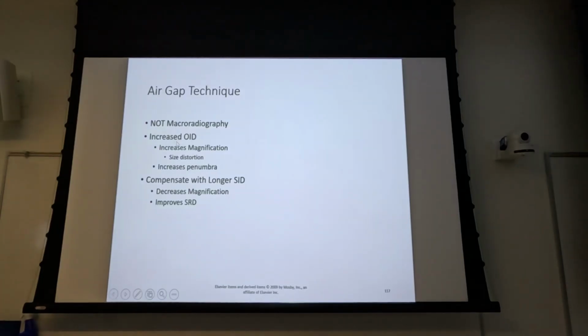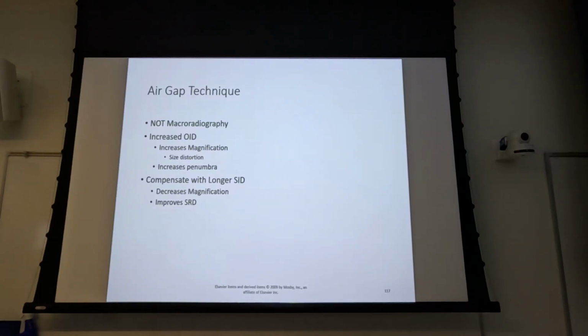So we talked about air gap technique and macroradiography. Macroradiography, remember, is not the same as air gap technique. It does inadvertently use air gap technique, but macroradiography is intentional magnification radiography. Okay, so there's a question on the test that is missed at a really high rate.